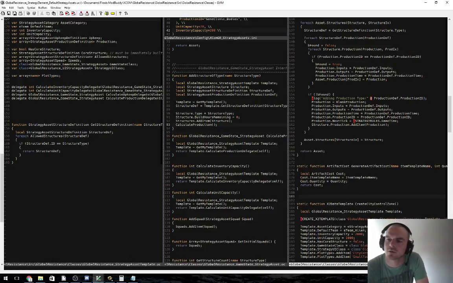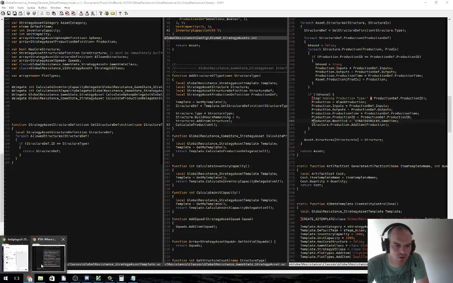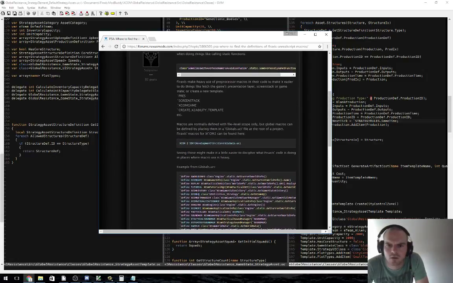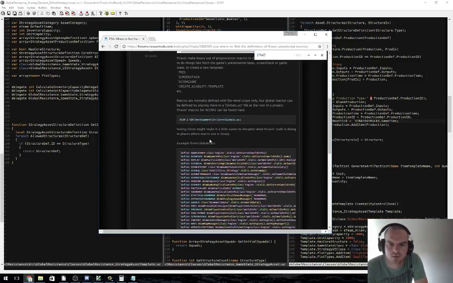Alrighty, so we're adding production types, however strategy rules was getting the wrong thing. And let's see strategy rules. Huh, that's not in there. Okay.